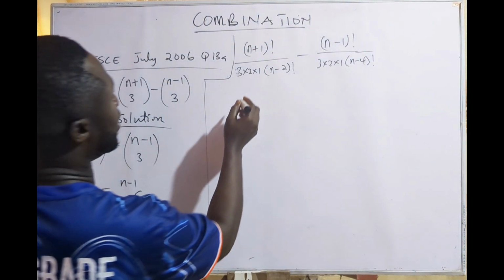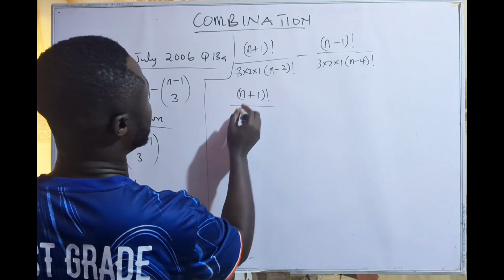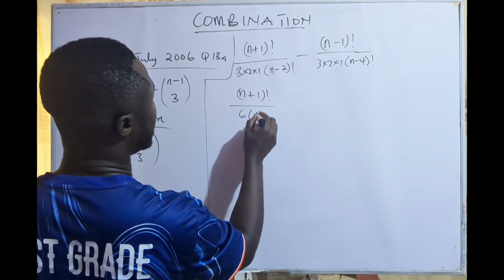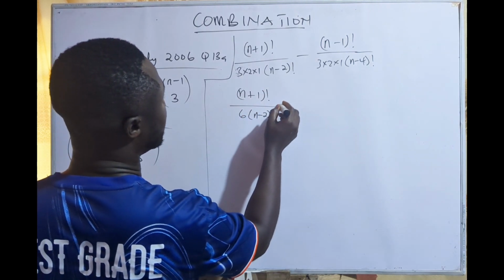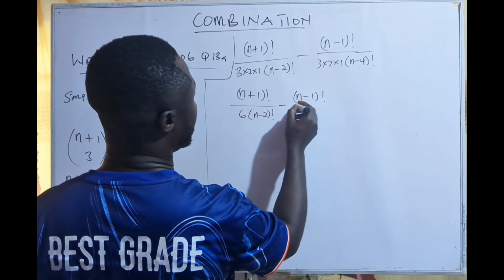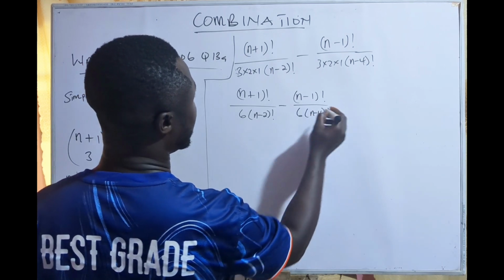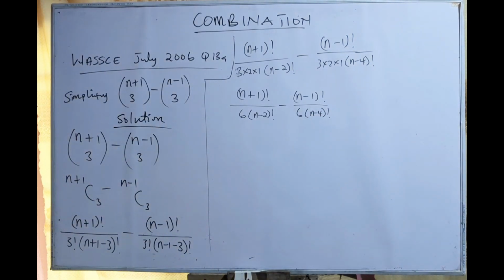So that you will have n plus 1 factorial all divided by 6 multiplying n minus 2 factorial, minus n minus 1 factorial all divided by 6 multiplying n minus 4 all factorial. So this is what you can have.